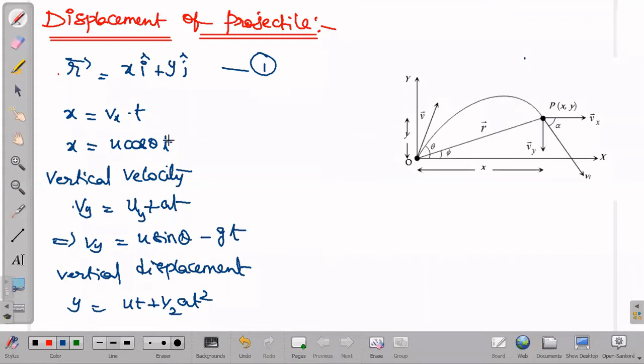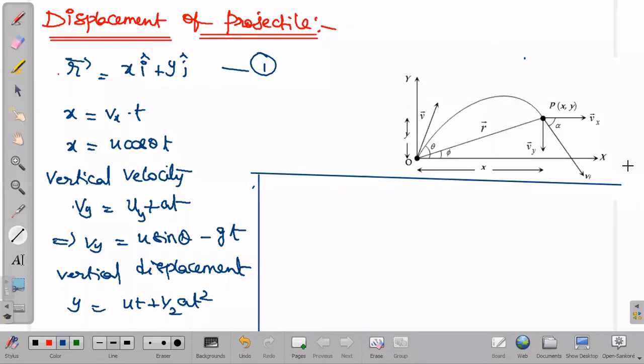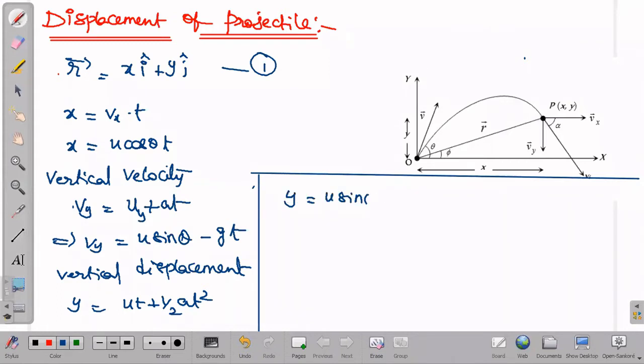So the equation becomes y is equal to u sin theta into t minus half g t square, substituting the value of g.